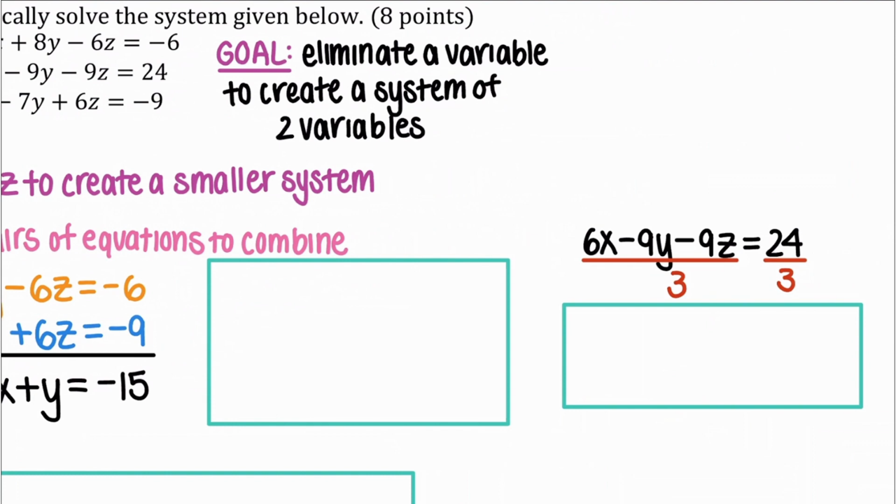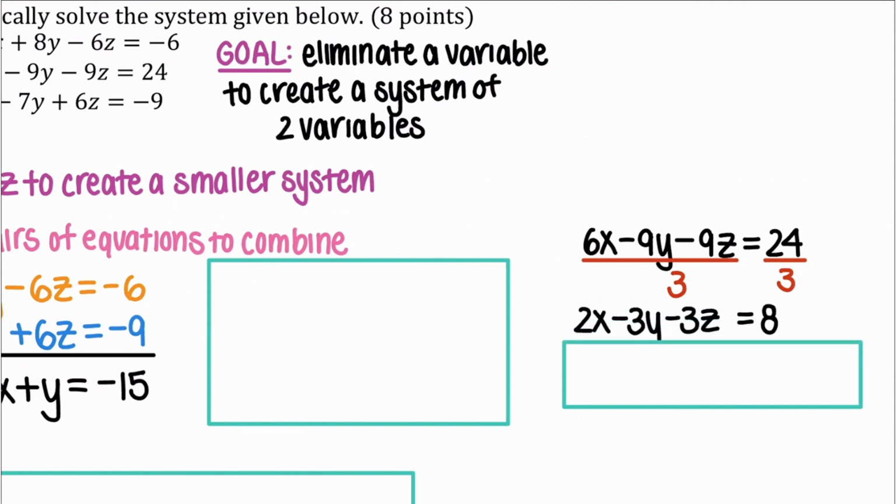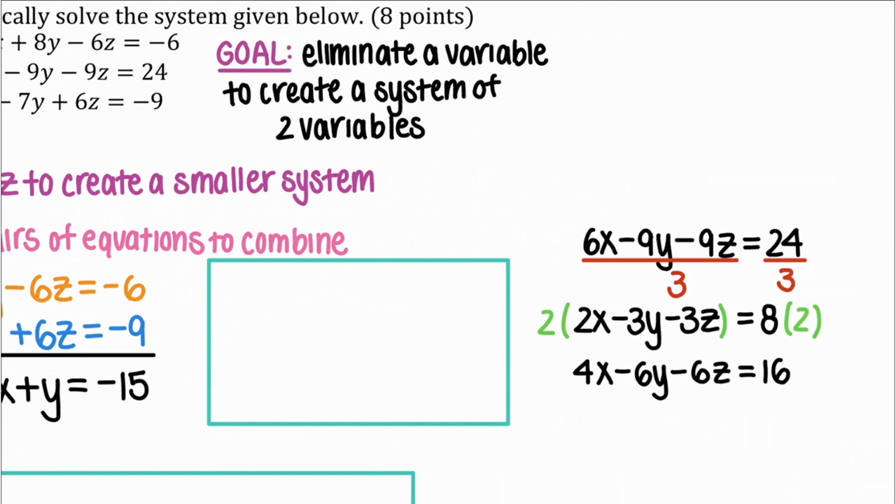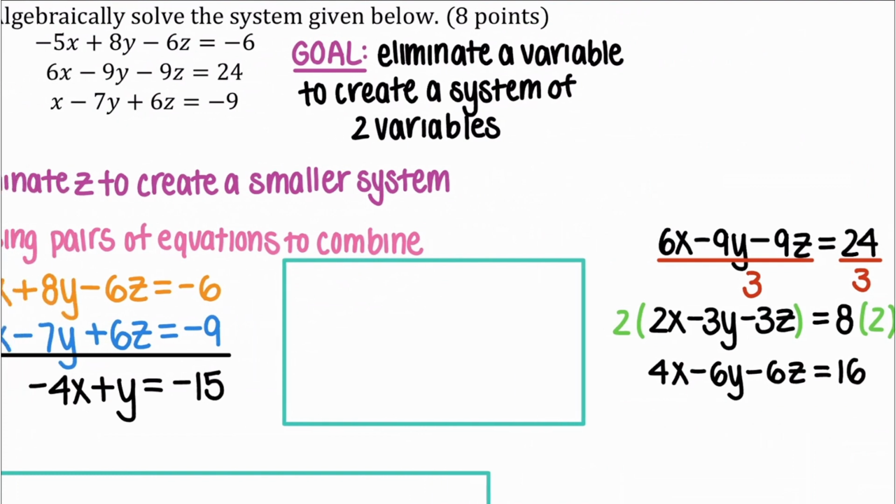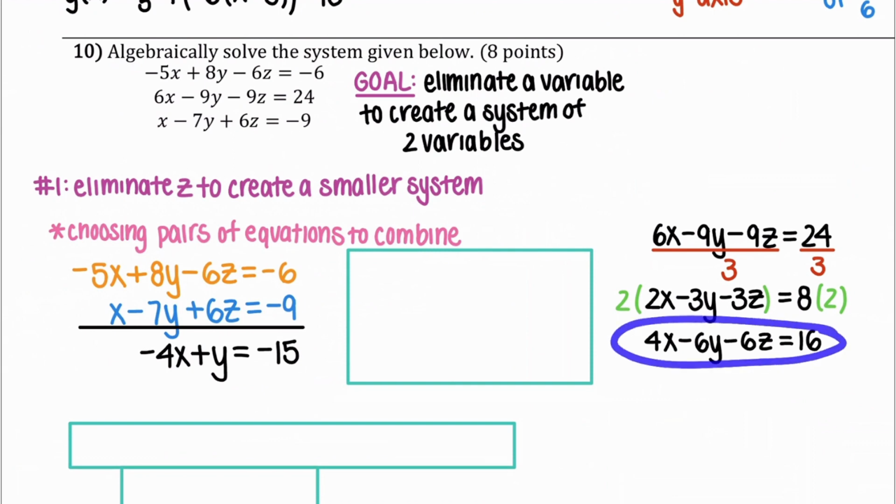So like mentioned before, we can divide each term by 3, and that gives us 2x minus 3y minus 3z is equal to 8. And then to create a negative 6z, we can multiply everything by 2 on both sides of the equation, hence giving us 4x minus 6y minus 6z is equal to 16.